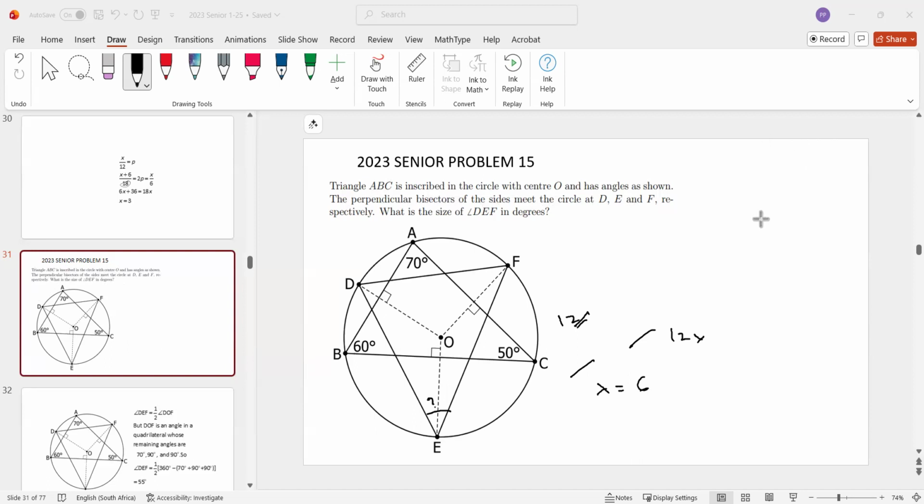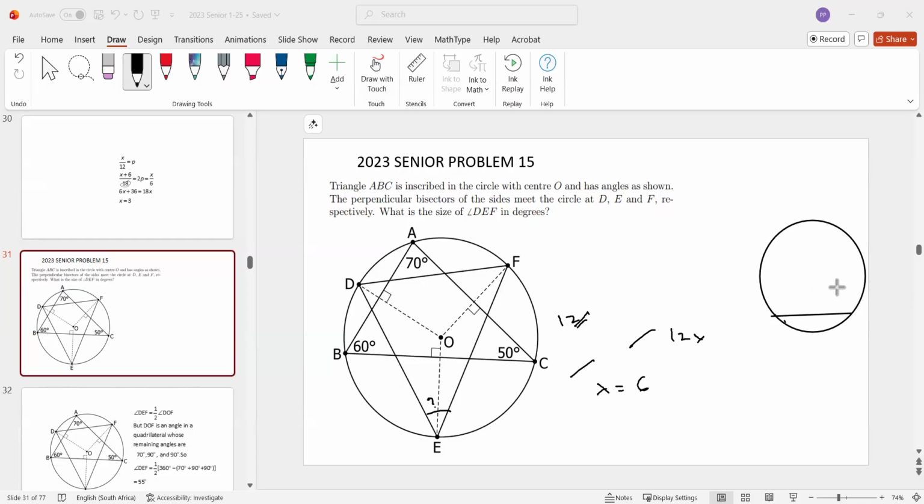If you take any circle and you take a chord, which is a line segment that joins 2 points on the circumference, so that's a chord.